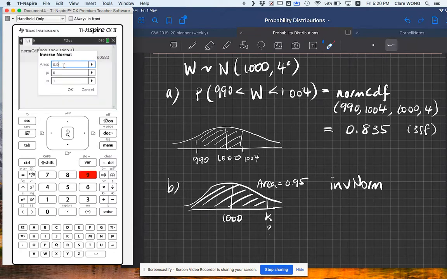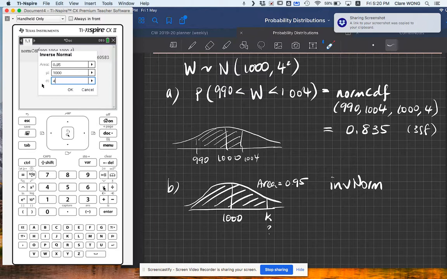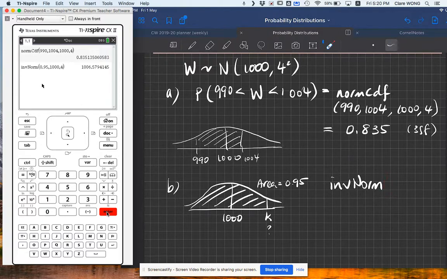The area is 0.95, the mean 1,000. Turns out K must be equal to this.